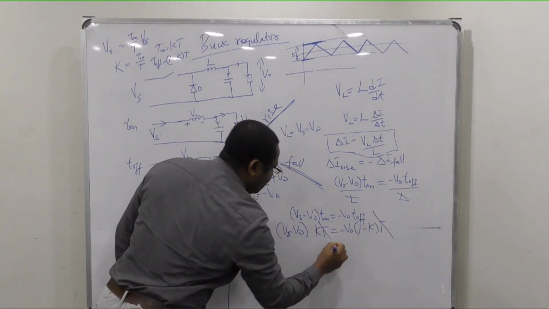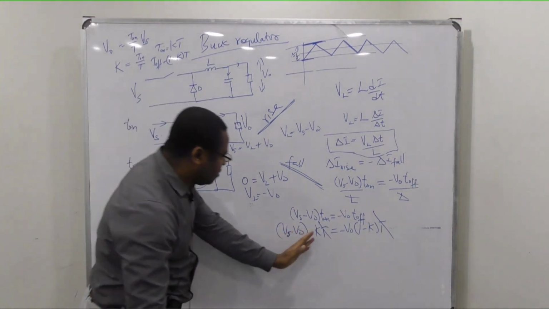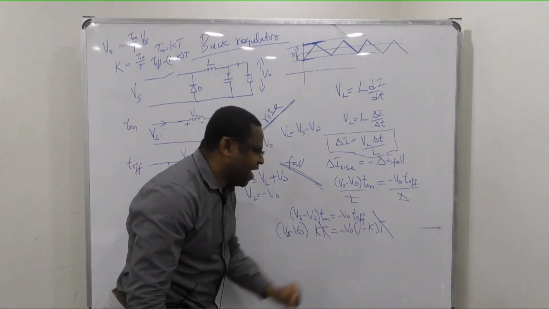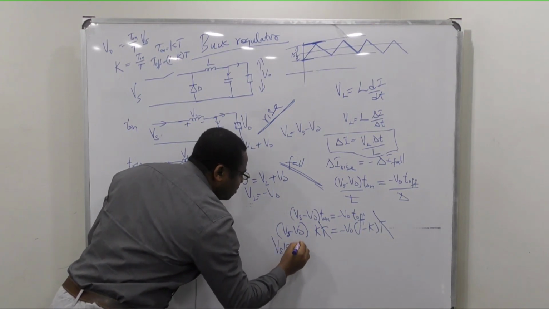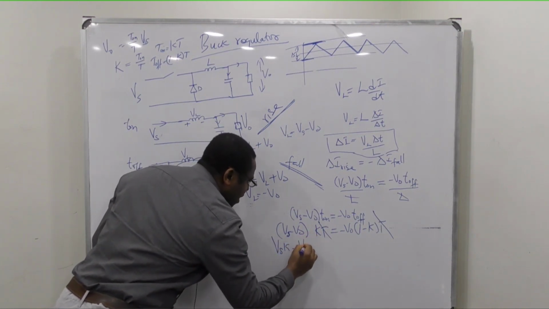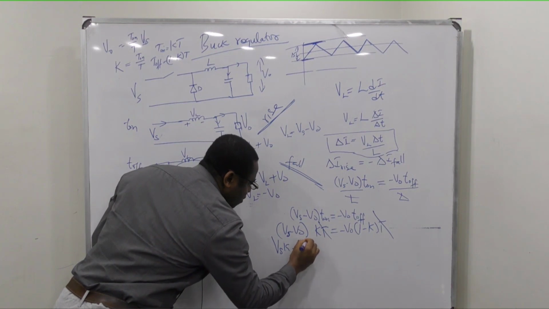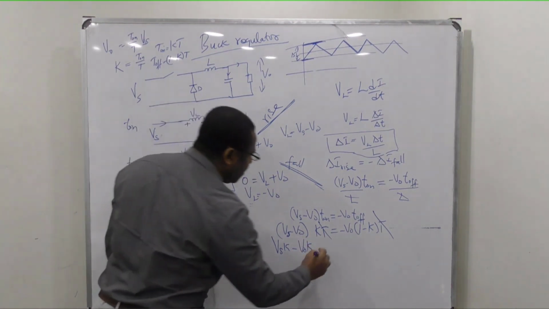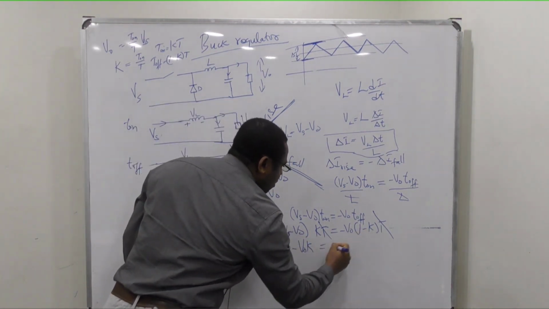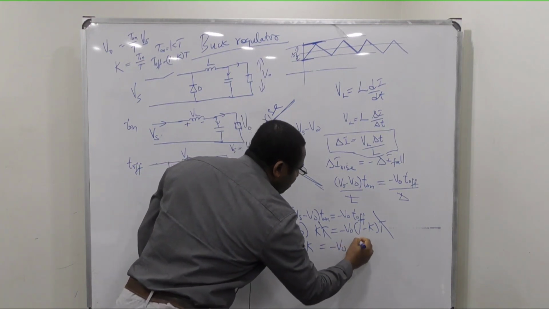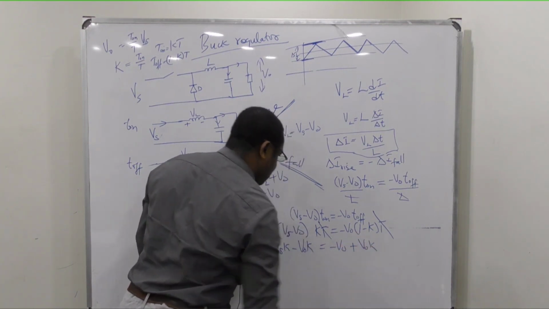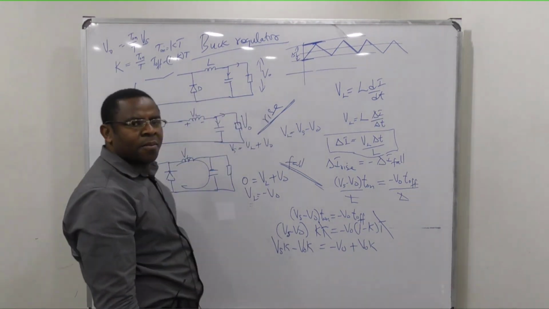Let's remove out the T first so that we don't create problem, because this is the same. Divide all through by T. So that we only have Vsk minus Vok equal to minus Vo, right, plus Vok, like that.